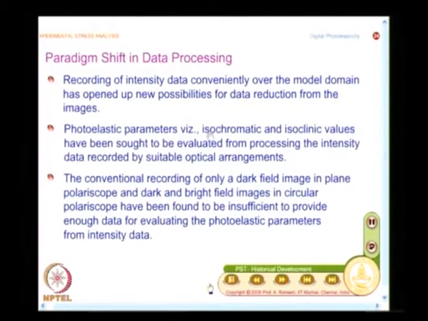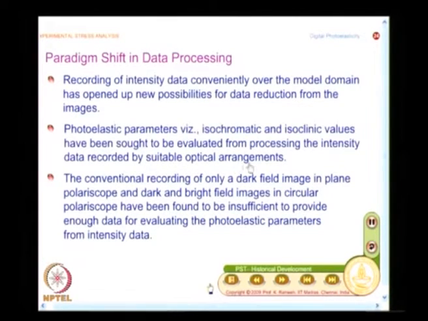Our focus is to get isochromatic and isoclinic values, and what we will now try to do is evaluate them by processing the intensity data recorded by suitable optical arrangements.